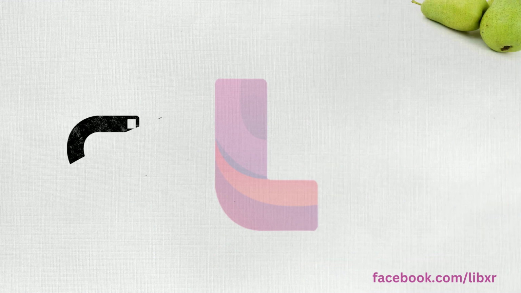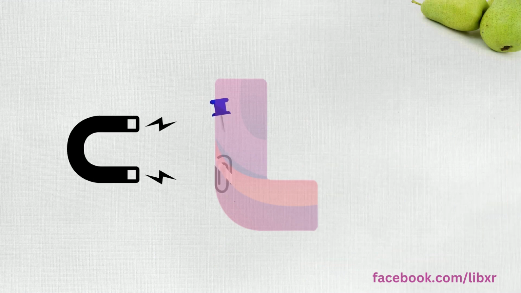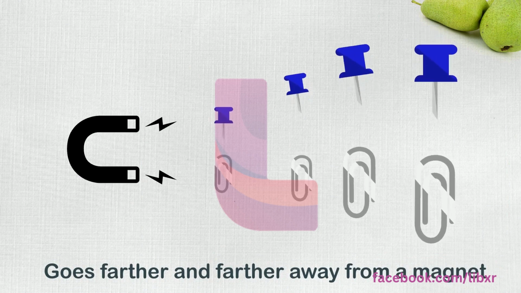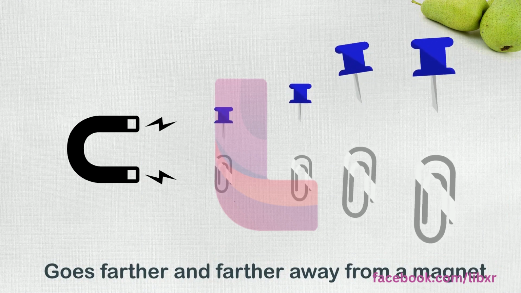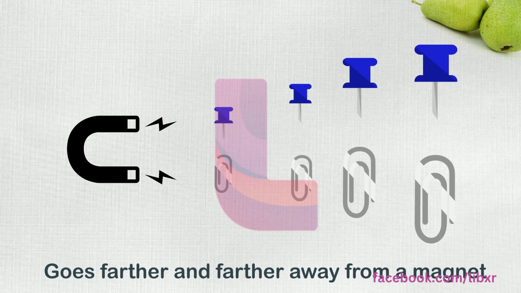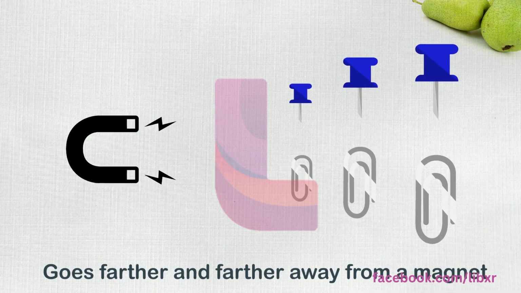Similarly, as the object goes farther and farther away from a magnet, the pull or magnetism of the magnet on the object becomes weaker and weaker and disappears at one point.